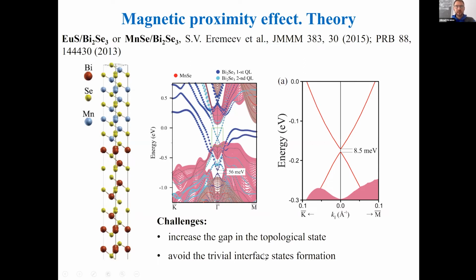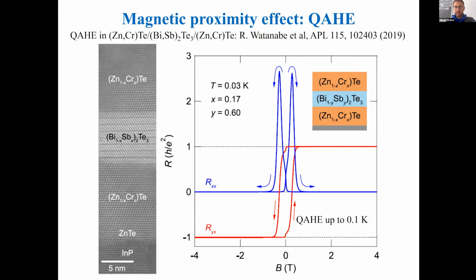But luckily, the quantum anomalous Hall effect has been realized in the proximity magnetic topological insulator in this nice sandwich heterostructure, zinc telluride, chromium doped BST, and to complete the sandwich once again, the ferromagnetic insulator.